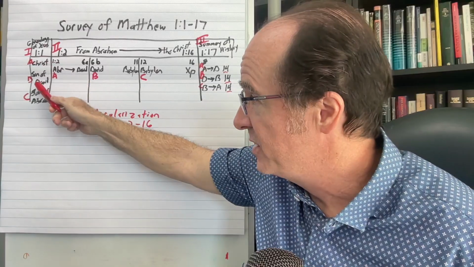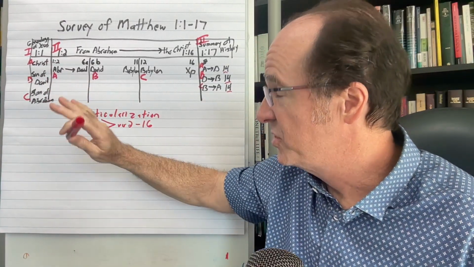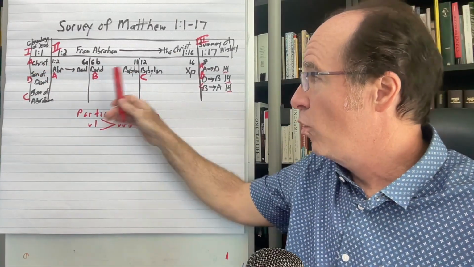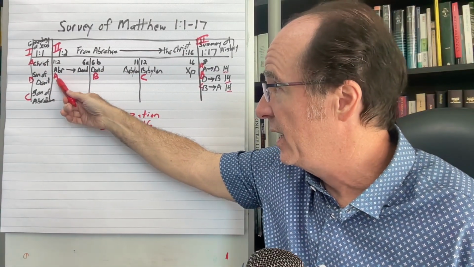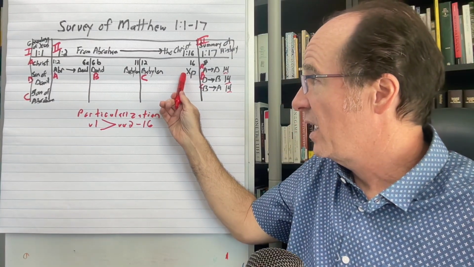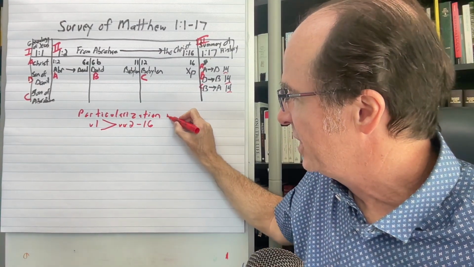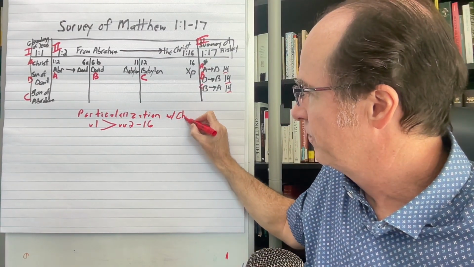So you have Christ, son of David, Abraham. And then how does it move forward? Well, it starts with Abraham, goes to David, and then goes to the Christ. Okay? And so in other words, this is a particularization with a chiasm.